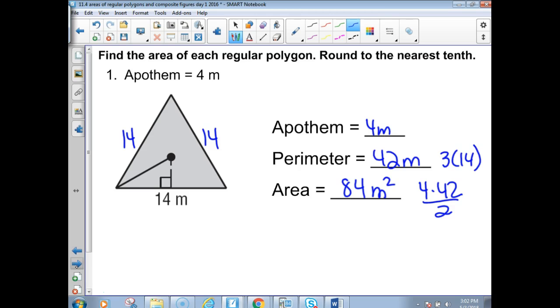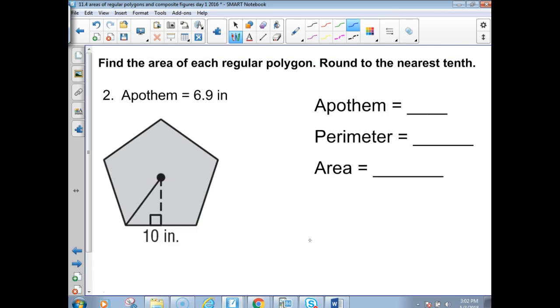I hope you're finding that quite simple. Number 2. This time, this thing has how many sides? Yeah, there's 5 sides. It's a pentagon. The apothem is given to be 6.9 inches. That would be right here. The perimeter is 10 sides of 5, so it's 10 times 5, or 50 inches.